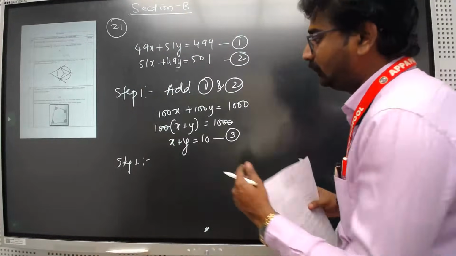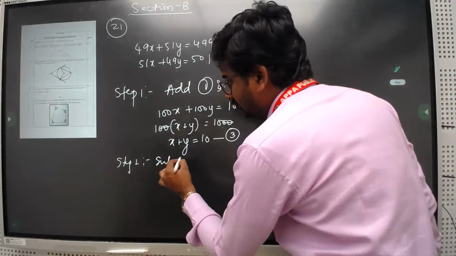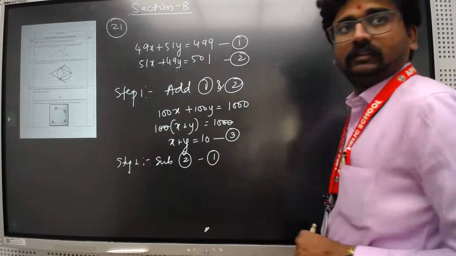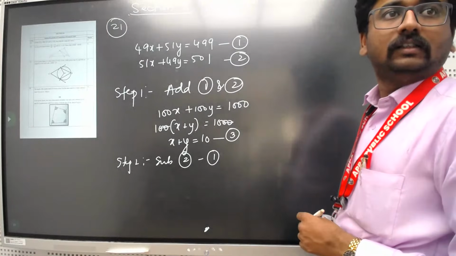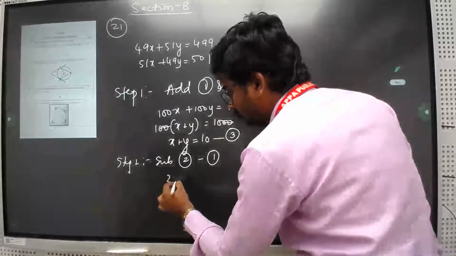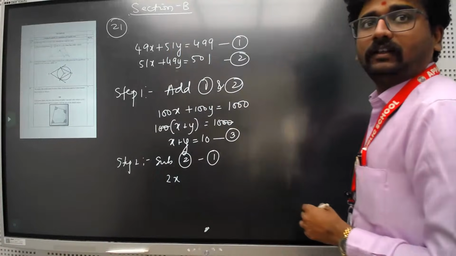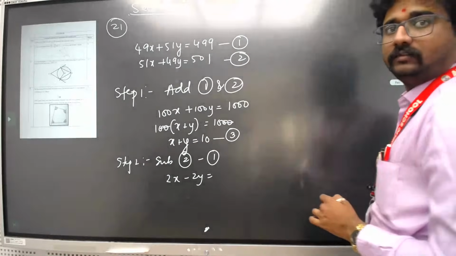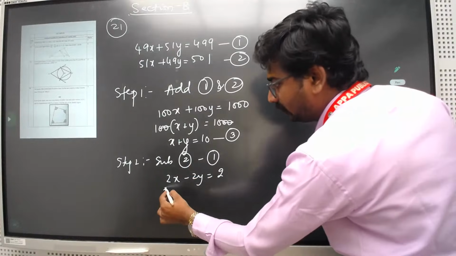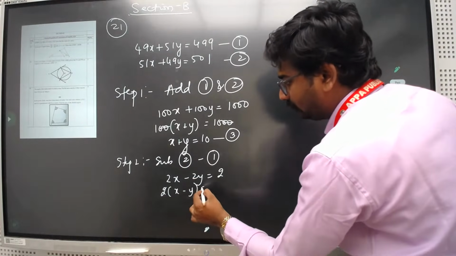So what I will do? Subtract equation 2 minus 1. What is 51 minus 49? 2. Very good. 2x. 49 minus 51? Minus 2y. 501 minus 499? What is common here? 2x minus 2y equal to 2.